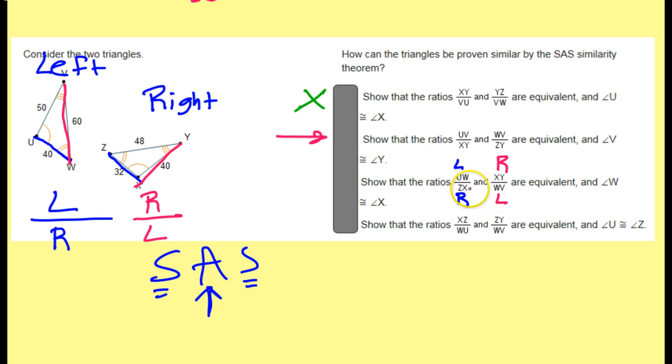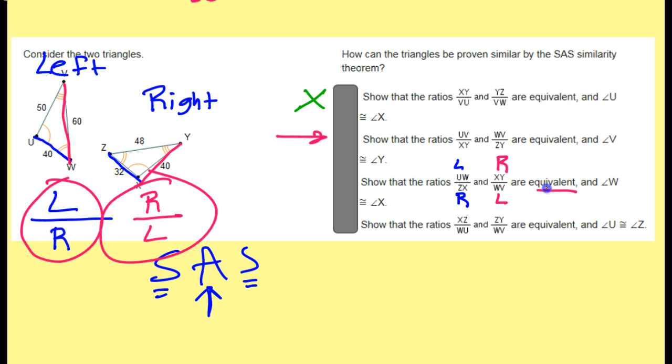It's upside down, so this is nonsense. If you're going to have the ratios be equivalent to prove similarity, it's got to be in the same direction. If this one is going to be left over right, then this one also has to be left over right. You have to do it the same way both times.